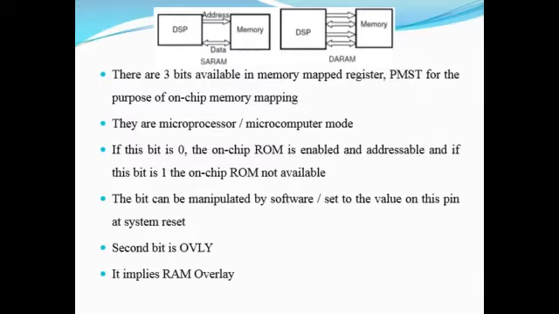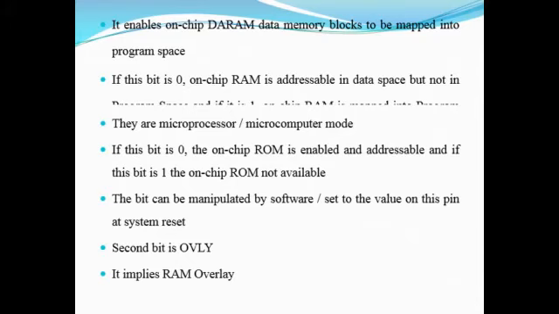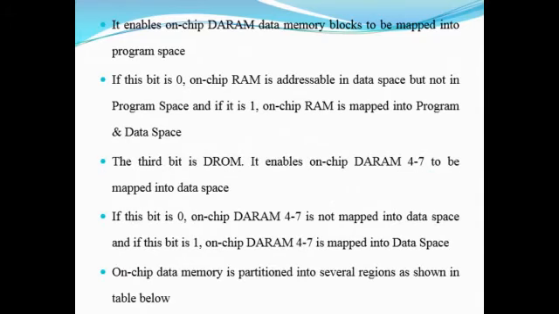It enables the on-chip dual access RAM data memory blocks to be mapped into the program space. So it will enable the RAM to map to a program space. That is what we can understand from this particular on-chip DRAM data memory block, which can be mapped easily.